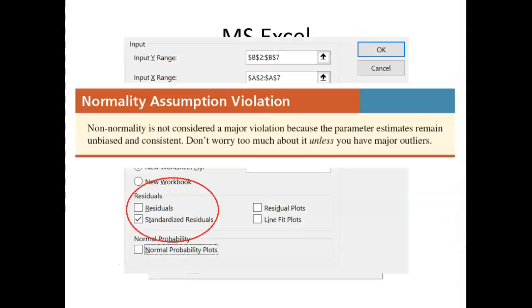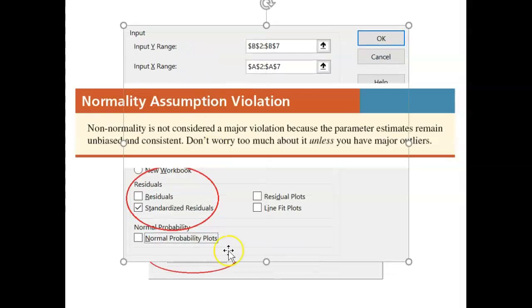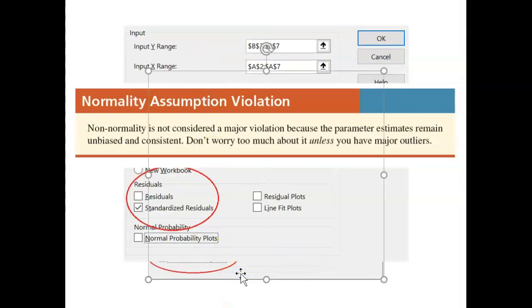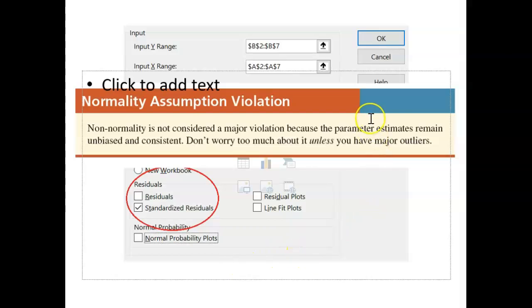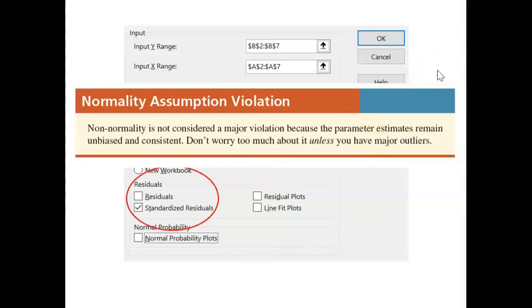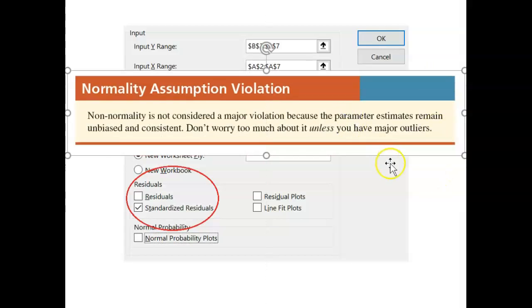So let's say we're in Microsoft Excel. And just to emphasize, the book tells us that non-normality is not considered a major violation because the parameter estimates remain unbiased and consistent.